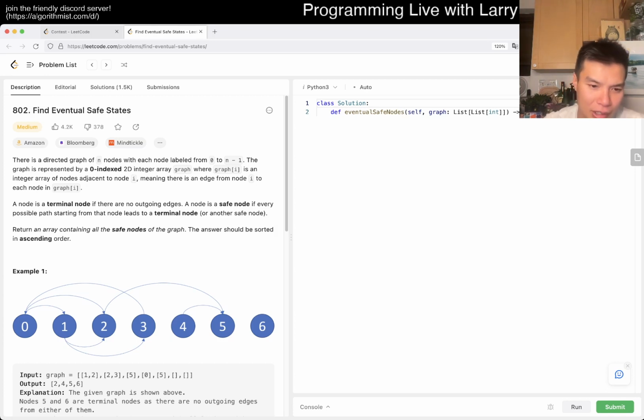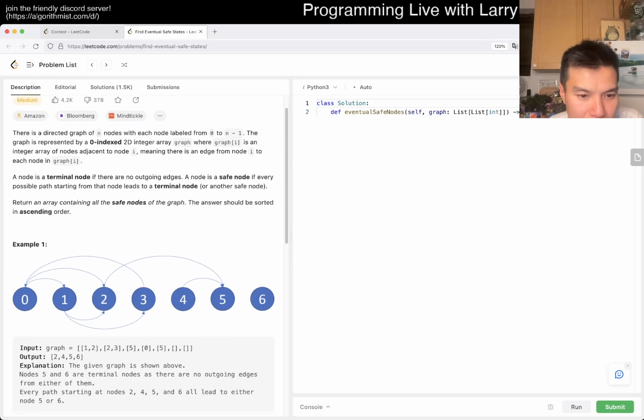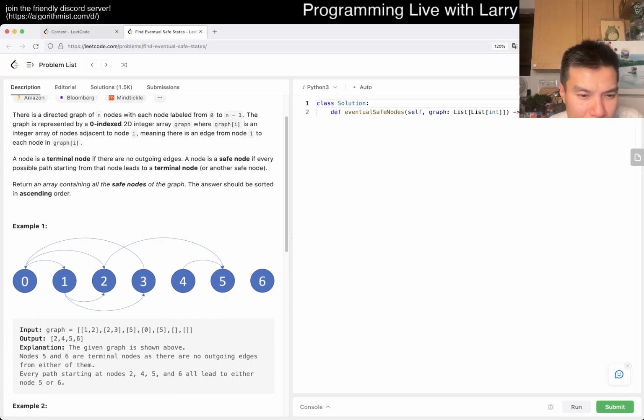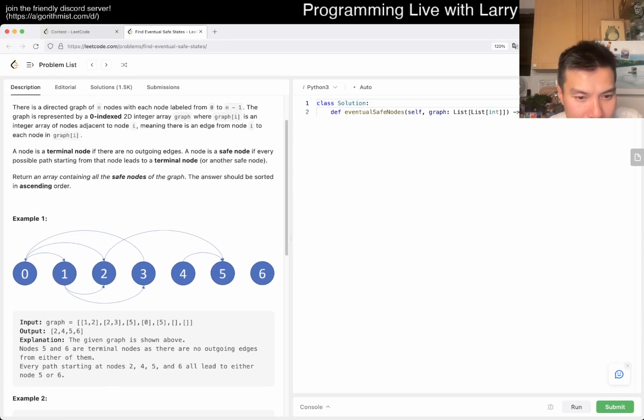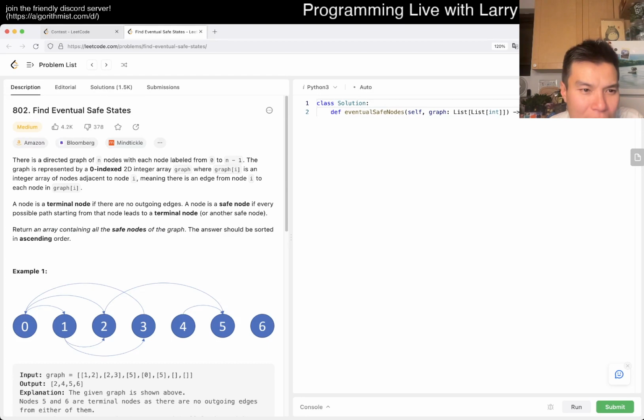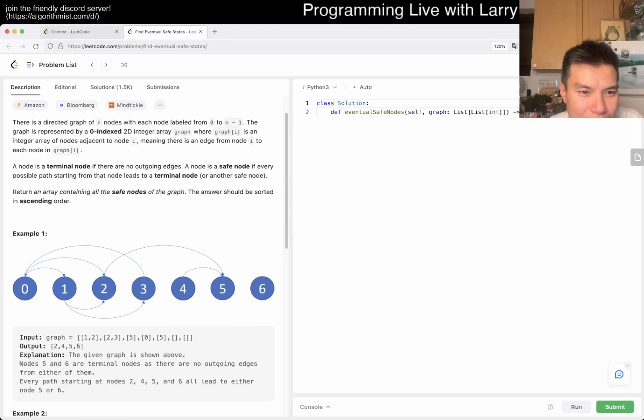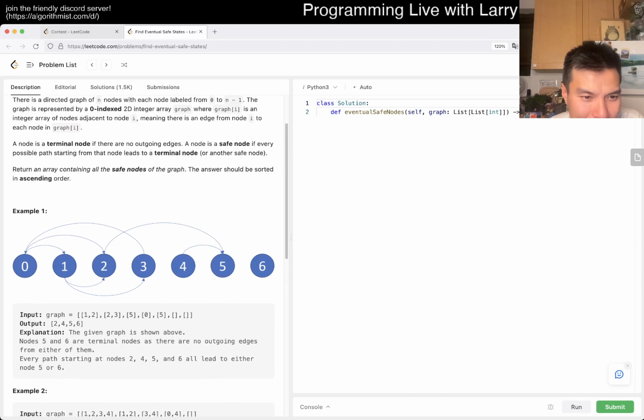What is a non-safe node? 0 goes to 1, goes to 2, and then goes to 5, right? Maybe I'm misreading this a little bit. 2 goes to 5. A node is safe if every possible path... What is the definition of a path? Maybe I misunderstood this.